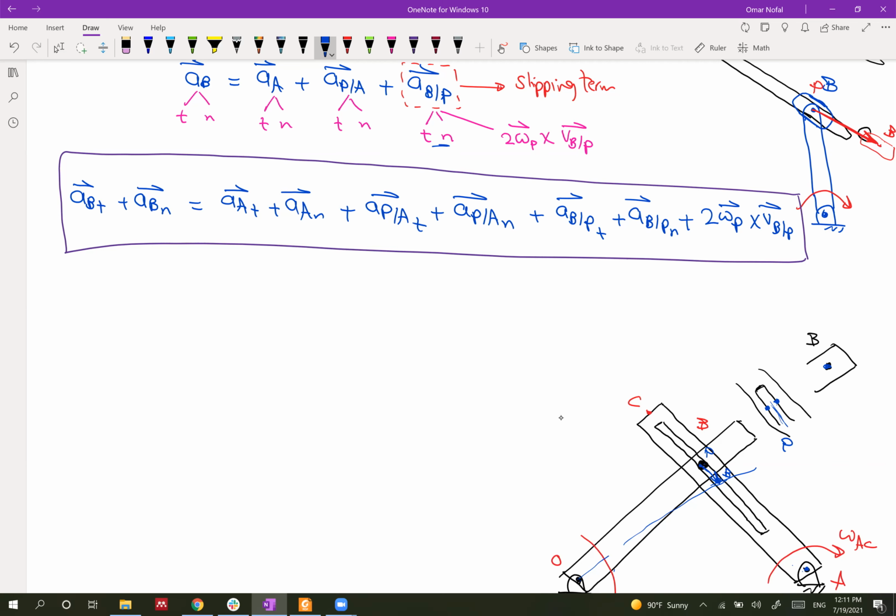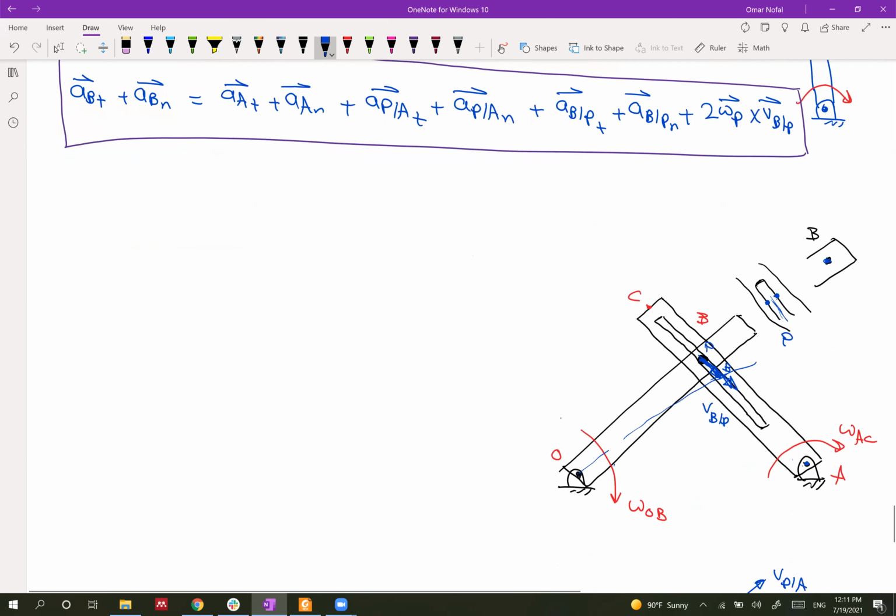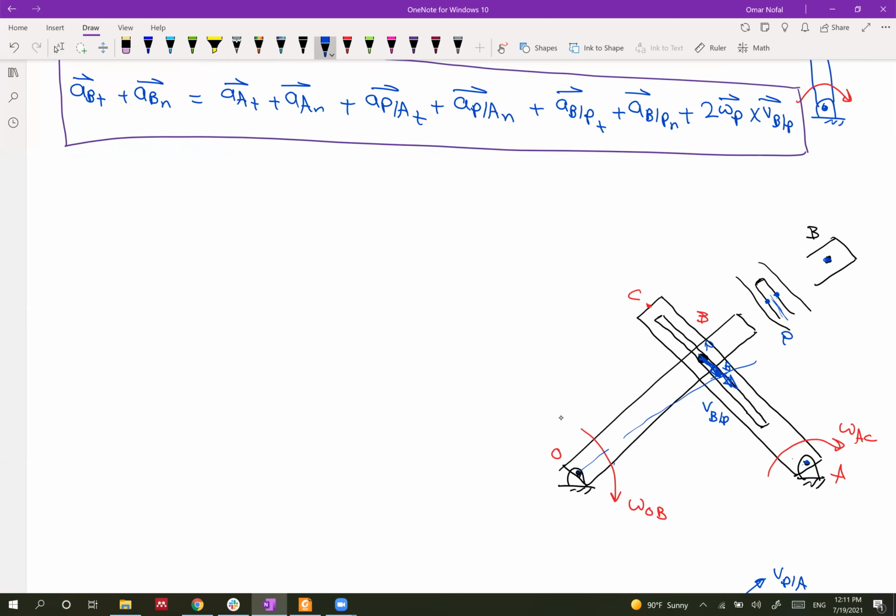So you will have a direction like that. VB with respect to B is in this direction. However, based on this omega, VB with respect to A is in this direction. And VA is equal to 0.